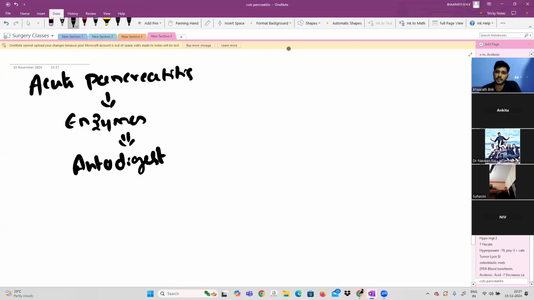They digest the fat in the duodenum. But in pancreatitis, there is release of these enzymes into the pancreatic tissue, which eventually seep out of the pancreas into the peritoneum. When these enzymes seep out into the peritoneum and there's premature activation of these enzymes, wherever fat is available, they just keep on digesting.